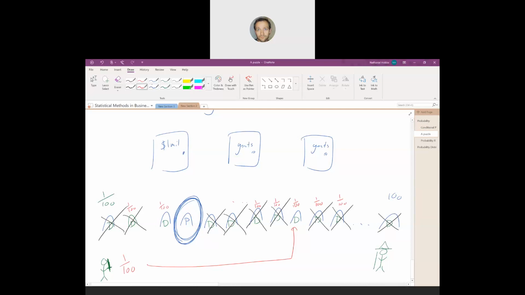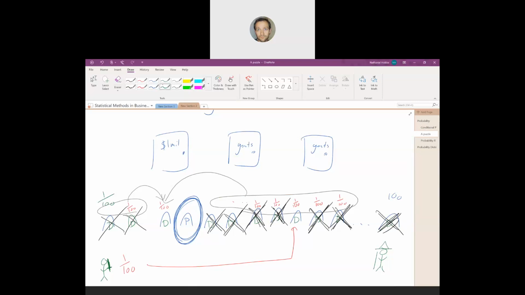So when the wizard starts eliminating these possibilities, not this one, what happens to these probabilities? Here, all of these probabilities, where do they go? They all sort of pour into the other remaining door.